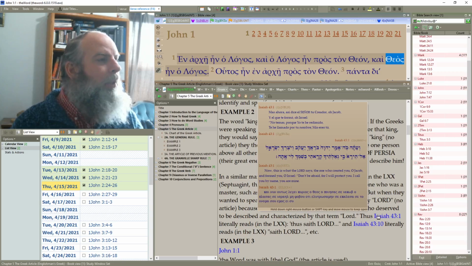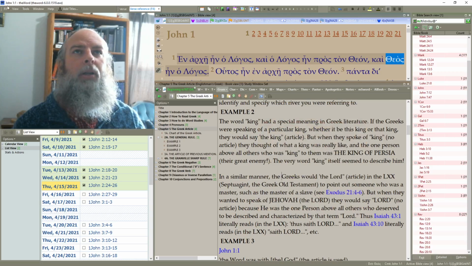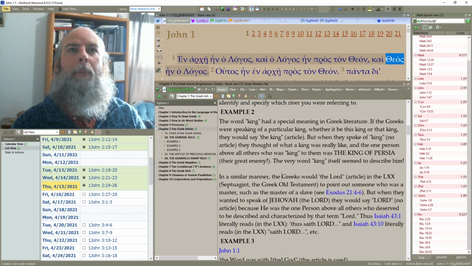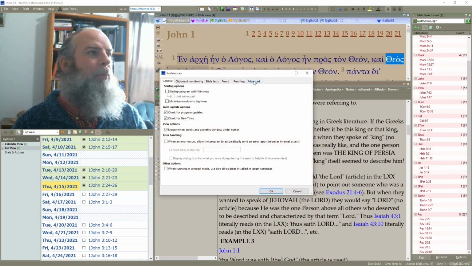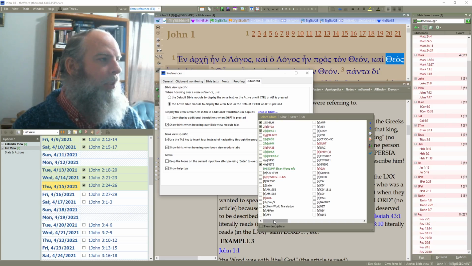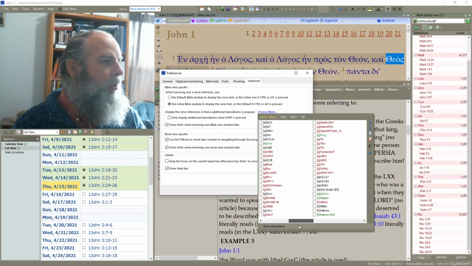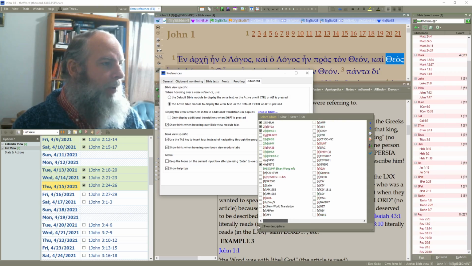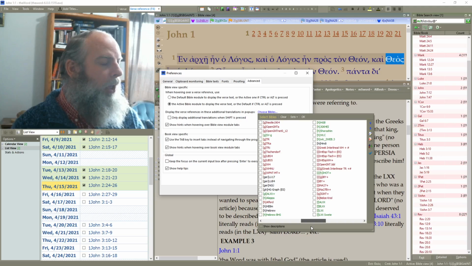Once again, let me see if I can get a better Bible selection here for this. I think I have a better LXX on that. Now the question is to find it. It should be in green. So, LXX.